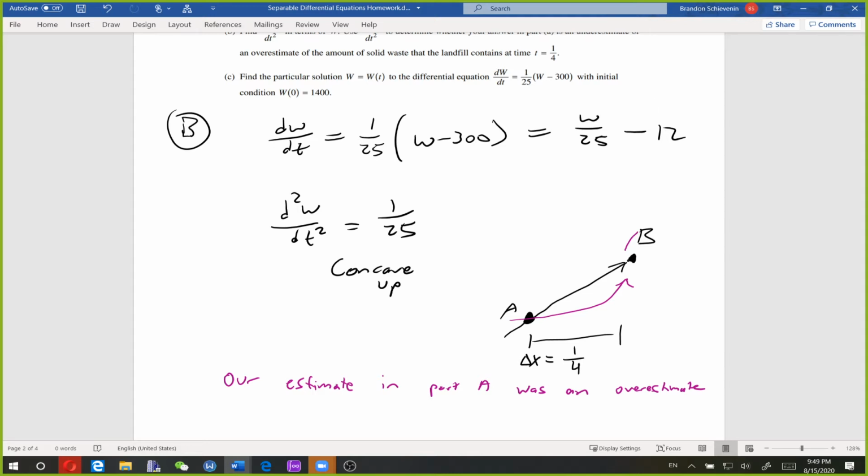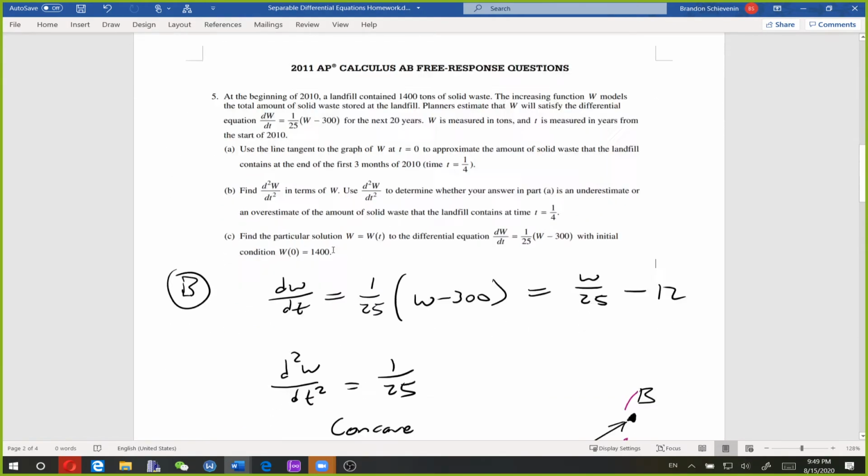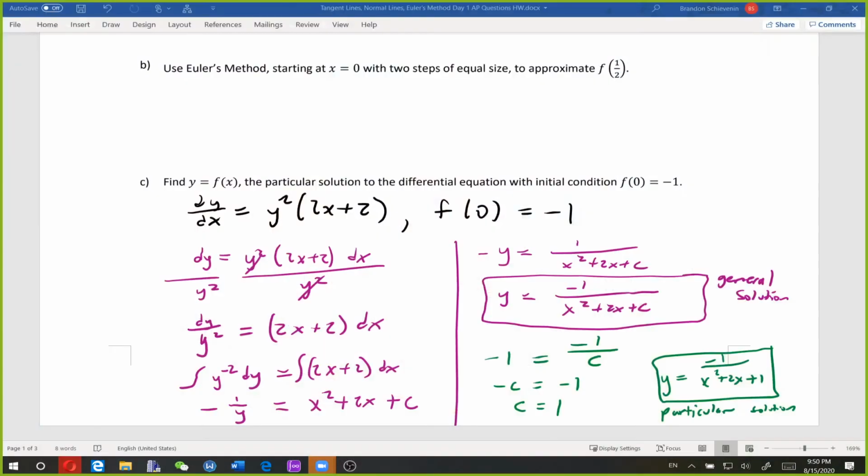Okay, that's okay. So our estimate in part A was an overestimate because we were concave up and increasing. I would have expected, if my slope stayed the same, to make an overestimation.